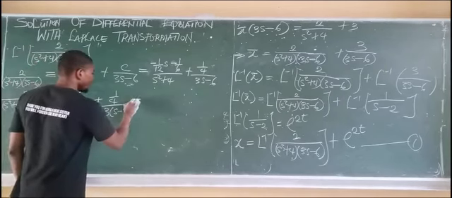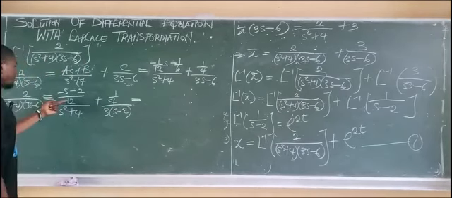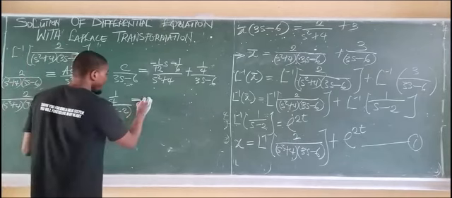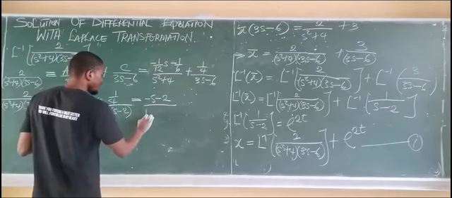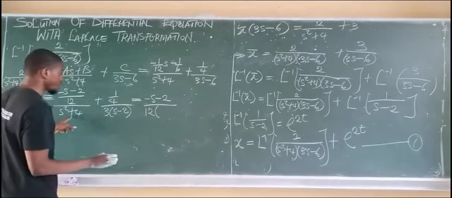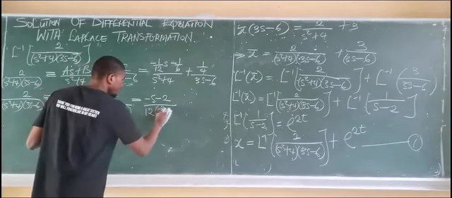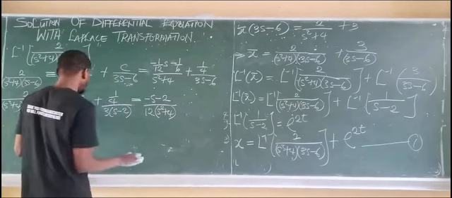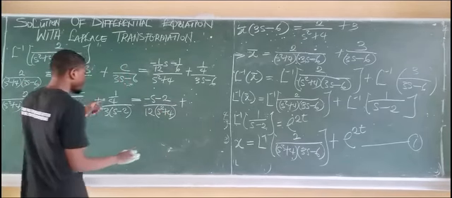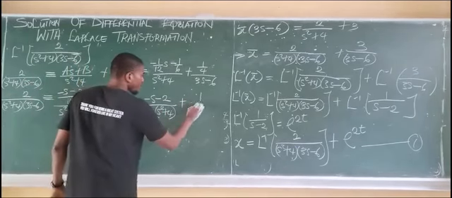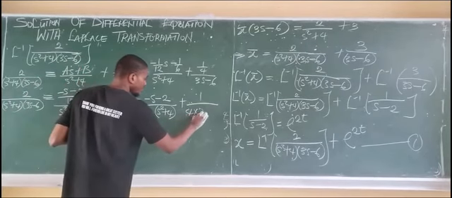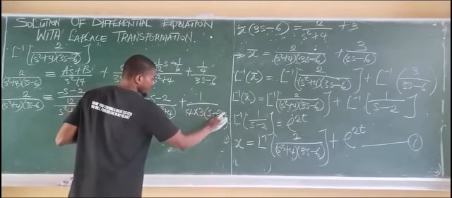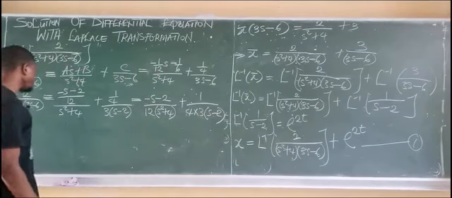Now this is equal to, I can now send this 12 down. It becomes minus x minus 2 all over 12 into x squared plus 4. So I have x squared plus 4. Plus I can also send this 4 down. It becomes 1 all over 4 times, not forgetting there is 3 there. So 4 times 3 into x minus 2. I have this.